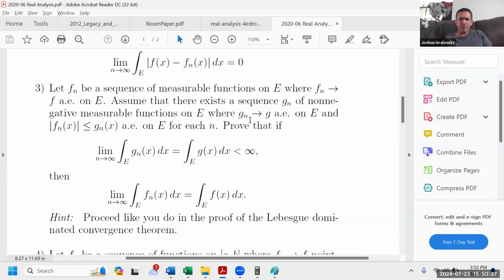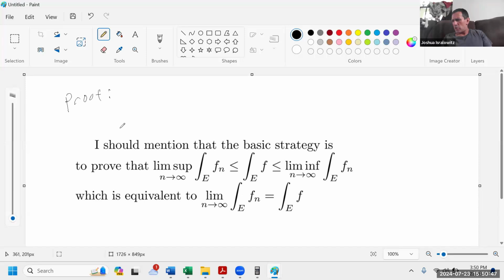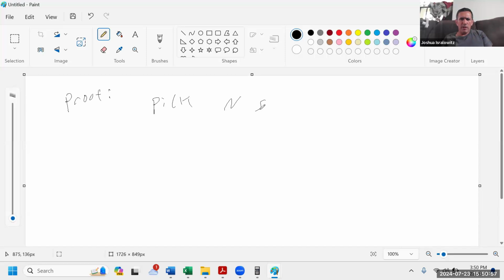So, first of all, this is true. We can assume each g_n is integrable, and that'll be fine. But to be careful here, if you really want to be careful, let's pick n.